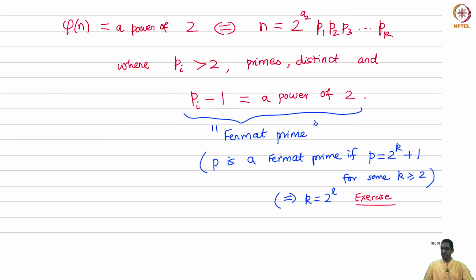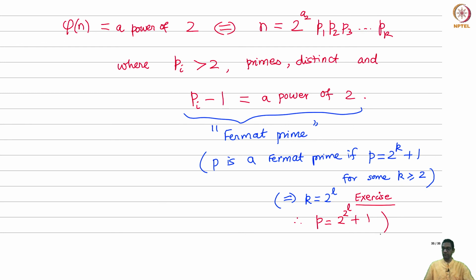You can find a common factor. If k has an odd number dividing it, then you can easily pull out a divisor of P. So exercise: show that k must look like 2 to the n. So in fact a Fermat prime is something of the form 2 to the L plus 1 for some L, and P is prime.